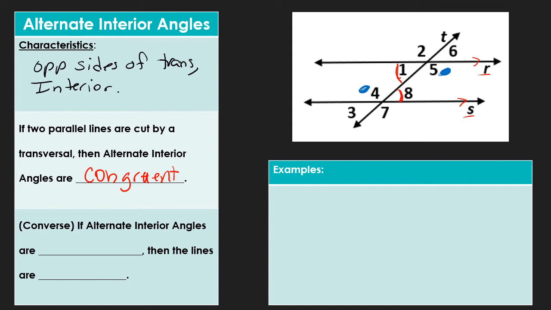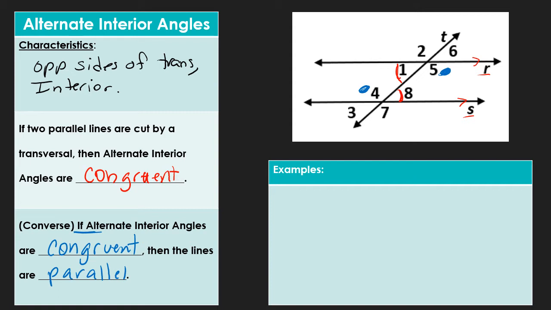We also have the converse of this theorem, so it goes the opposite direction. The converse of this theorem says if alternate interior angles are congruent, then the lines are going to be parallel. So this goes two ways.